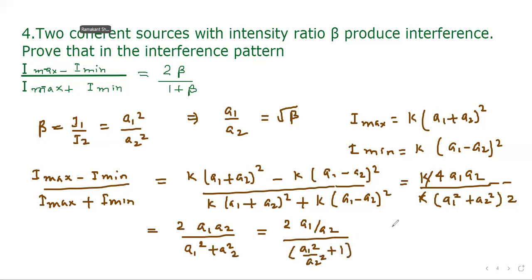Now A1 upon A2 equal to root beta, so twice of root beta divided by A1 square upon A2 square will become beta, so beta plus 1, which is RHS. So here the question should have been twice of root beta divided by 1 plus beta.